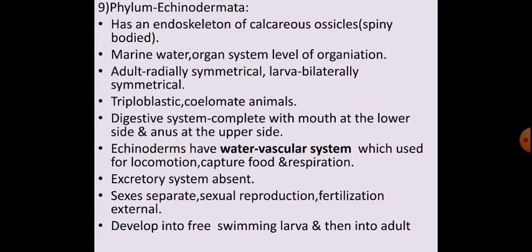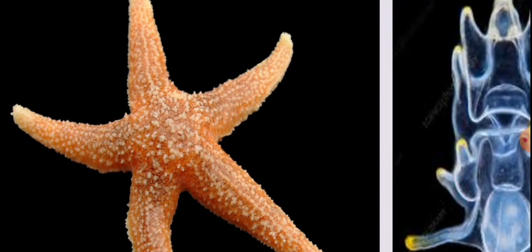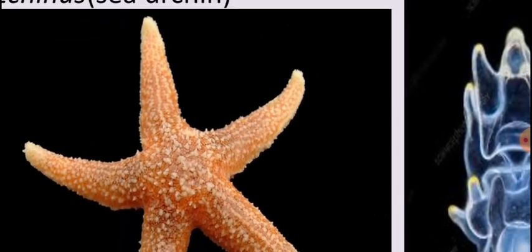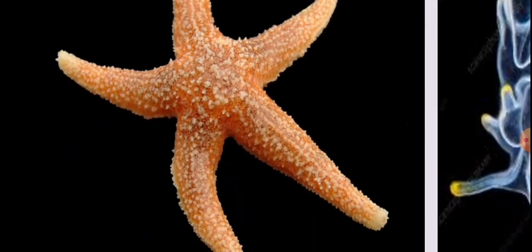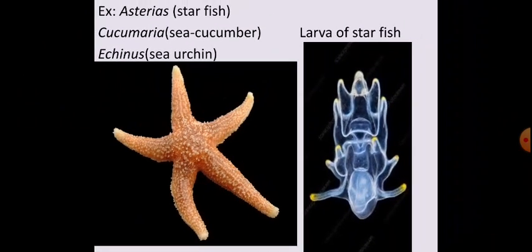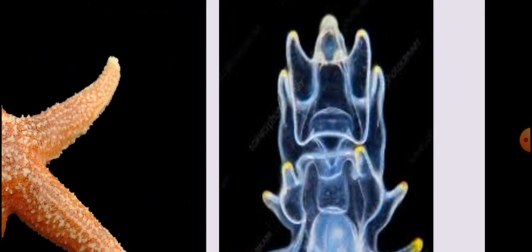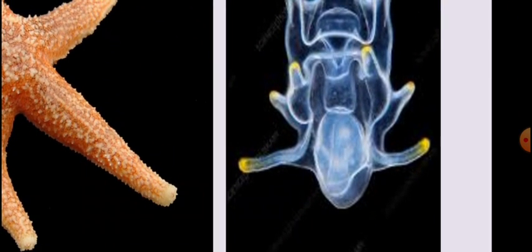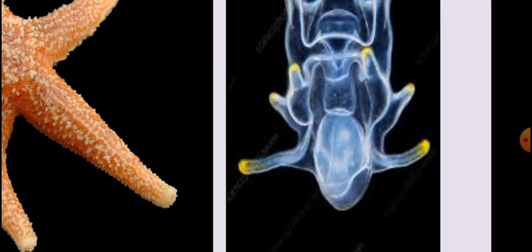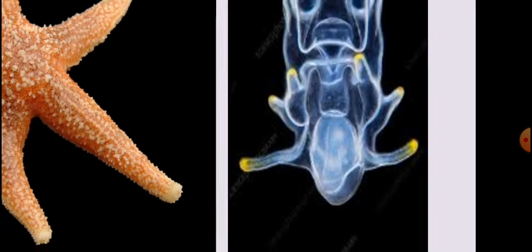The body of an adult starfish is radially symmetrical. That means the body is divided into many equal halves. Whereas the larva of starfish is bilaterally symmetrical, where the body is divided into two identical halves. See the difference?